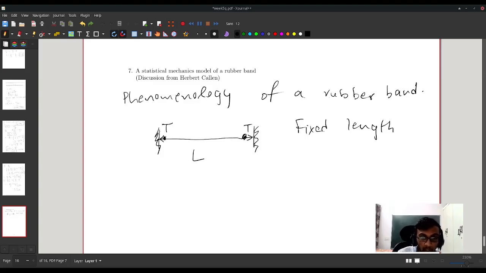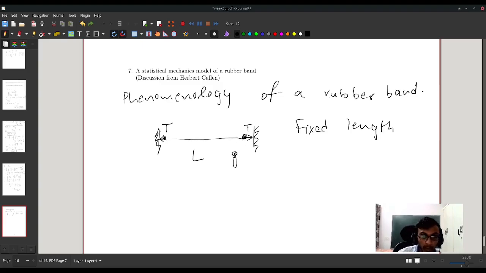So you can heat it, let's say, try to increase the temperature. Yeah. So in a world where that is a candle, this rubber band will be heated.